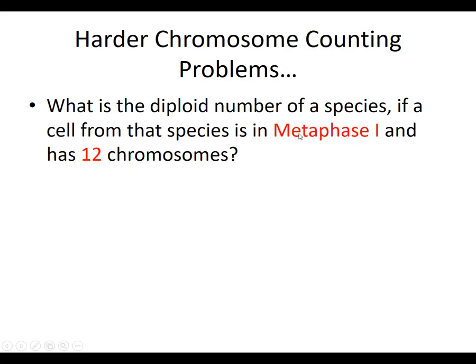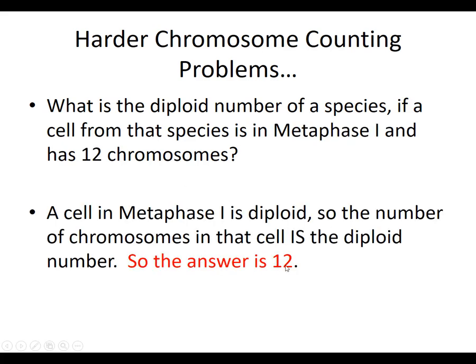Well, you have to know that metaphase 1 in meiosis, a cell in metaphase 1 is still a diploid cell. And if that cell has 12 chromosomes, then that means there are 12 chromosomes in a diploid cell, and that's the definition of diploid number, so the answer is 12.